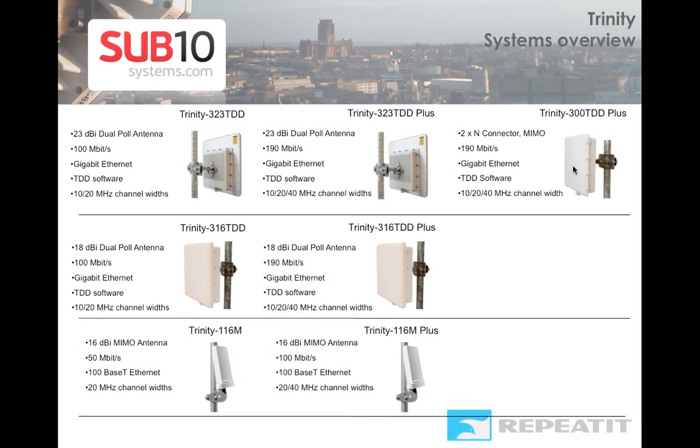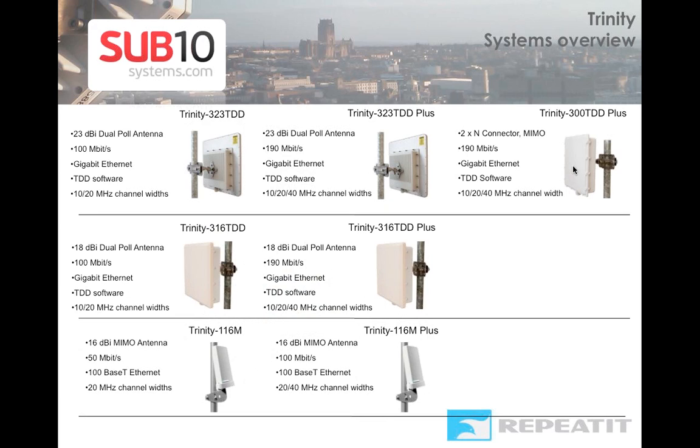It's the so-called connectorized version. Regarding functionality, software, and so on, everything is the same. The difference is that 323 has an integrated antenna. You have just one Ethernet connector. 300 has three connectors, one Ethernet and two N-type connectors, because it's a MIMO system, and you have to have horizontal and vertical antennas.